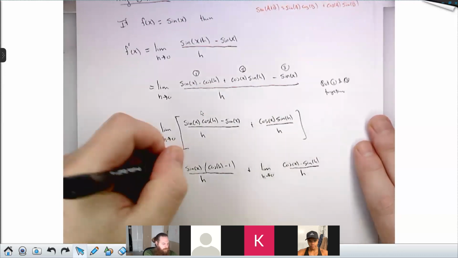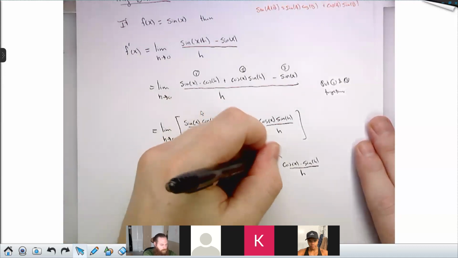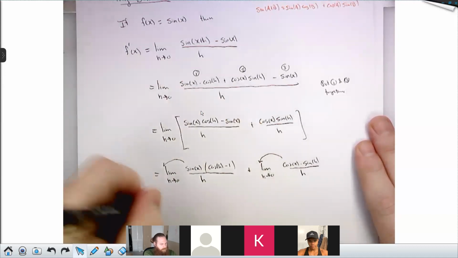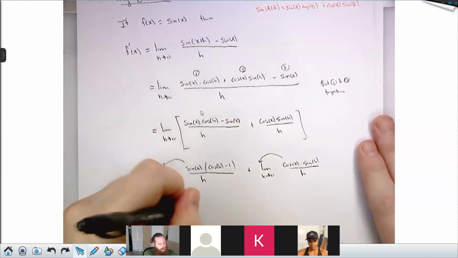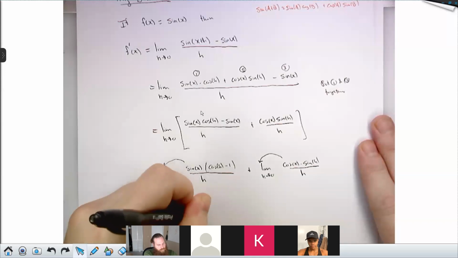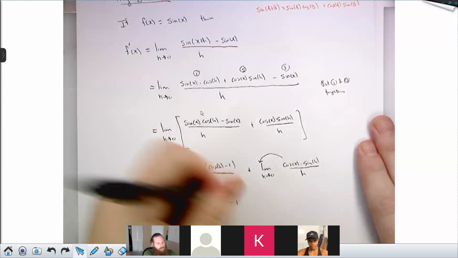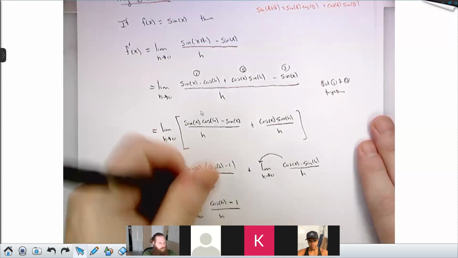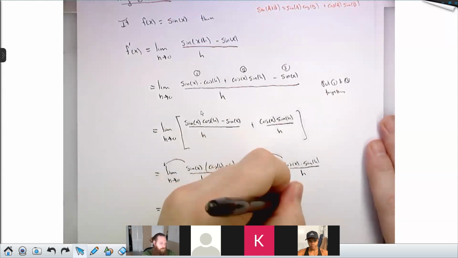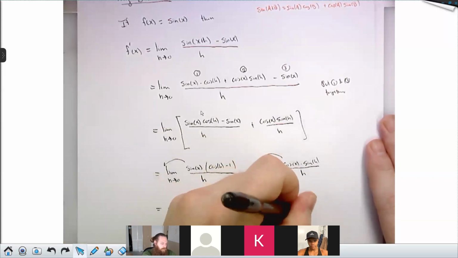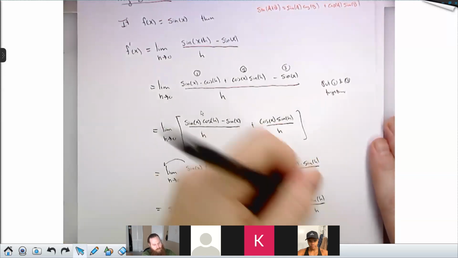But the neat observation is that you can pull this guy out here, and you can pull this guy out here. So you get sine x times the limit as h goes to 0 of cos h minus 1 over h, plus cos x times the limit as h goes to 0 of sine h over h.